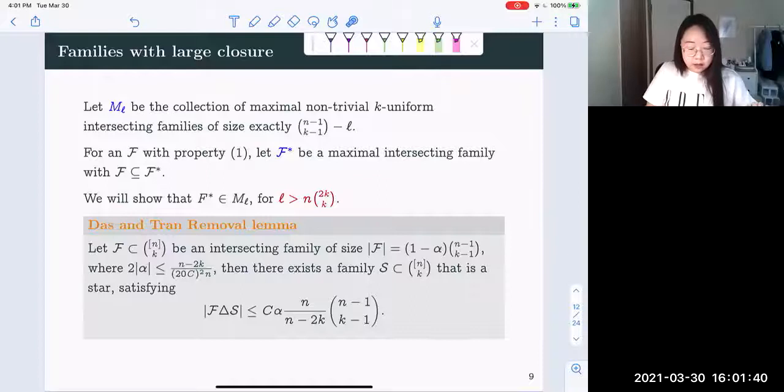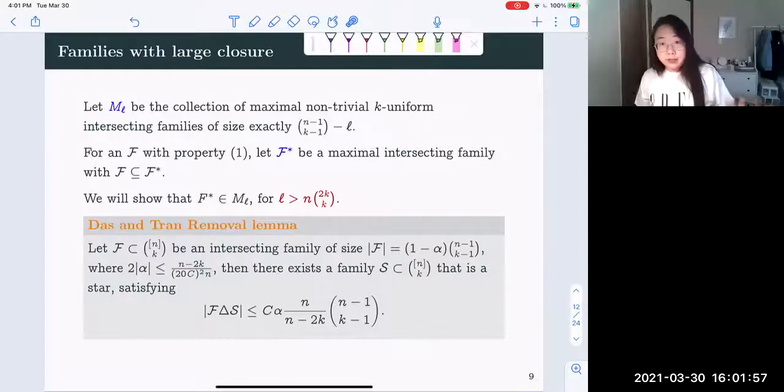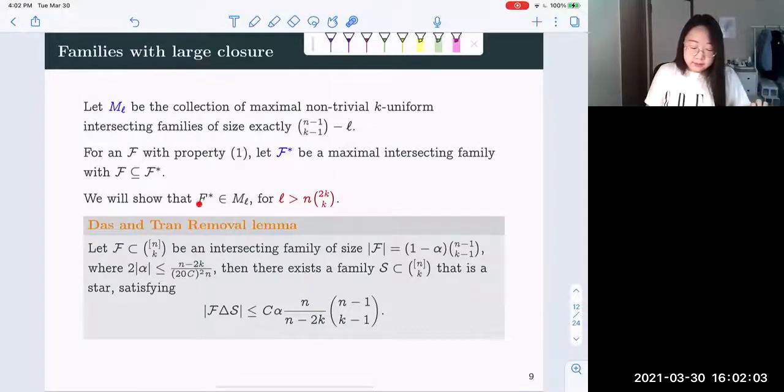Take an arbitrary intersecting family F with property 1, that is, with large closure. We take a maximal family F star which contains this F. There could be multiple choices, but it doesn't matter; you can just take an arbitrary one. Most importantly, we're going to show that this F star is in some M_L, where L is larger than n times 2k choose k.